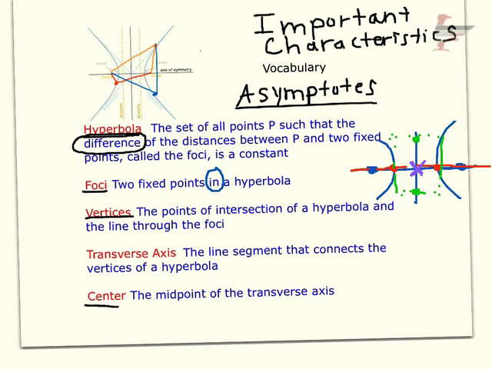And then your asymptotes are going to fit from corner to corner. So if I went from corner to corner on this box, that will create my asymptotes. And your asymptotes always go through the center. Always, always, always. So wherever your center is, a fixed point for sure, that will go through both of your asymptotes. And you'll see examples of that soon.